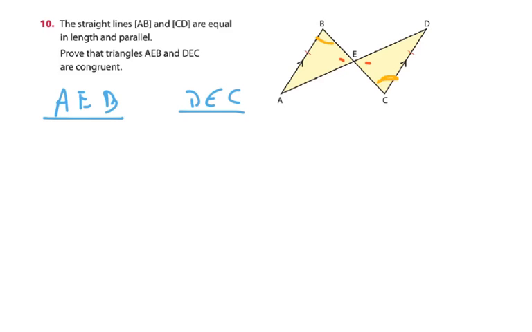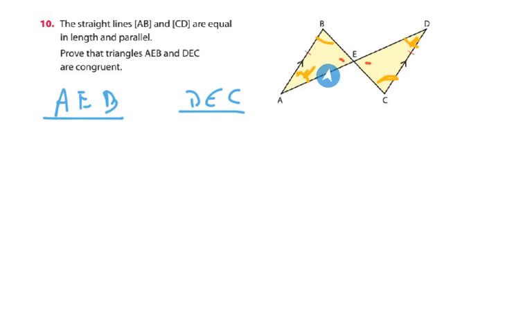And then that means that the third one must be the same as well because it's the third angle in a triangle. Okay, so what do we have so far? We have angle, side, angle, ASA. Okay, so let's do the angle first.